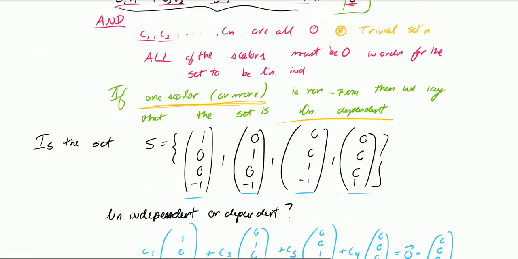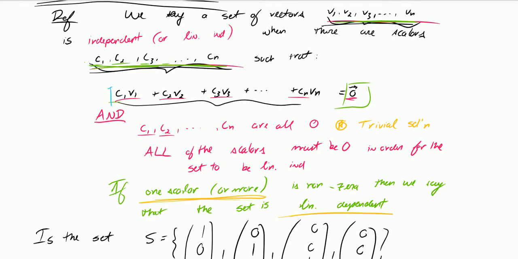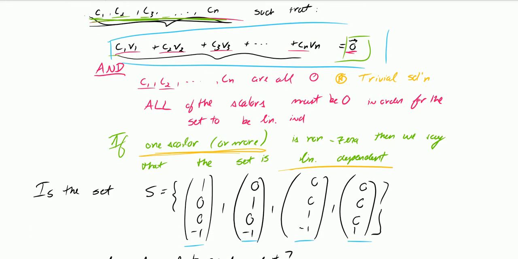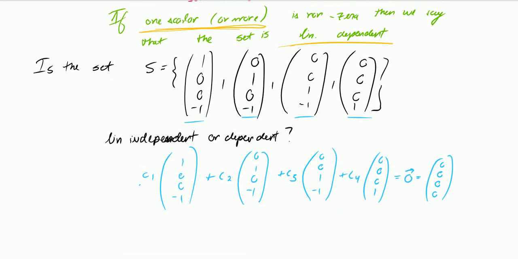I'm just rewriting how to show if something is linearly independent or dependent. So I want to solve for C1, C2, C3, and C4.